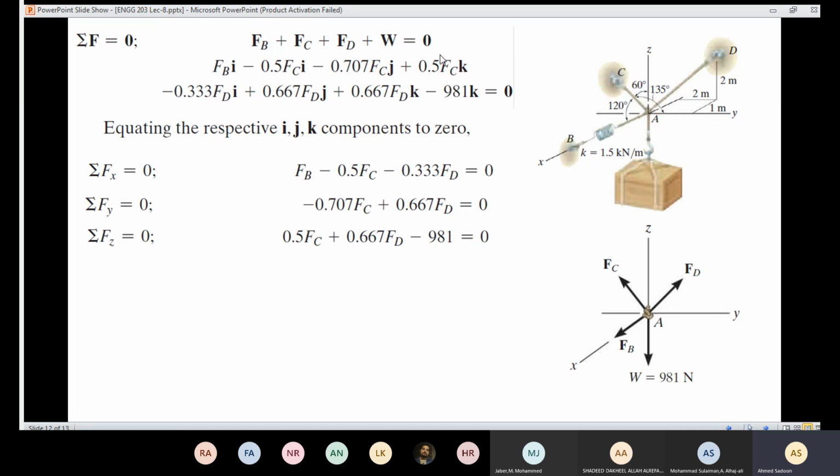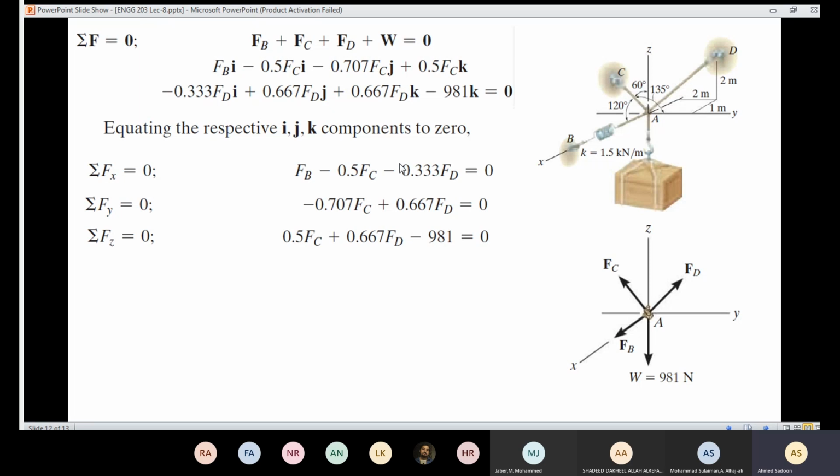I have that part, and that part, and that part. I'm going to equate them to 0. Now I managed to apply the 3 equations, but this time I converted all the forces into their Cartesian form in order to do that.